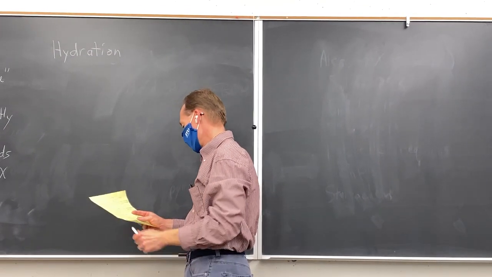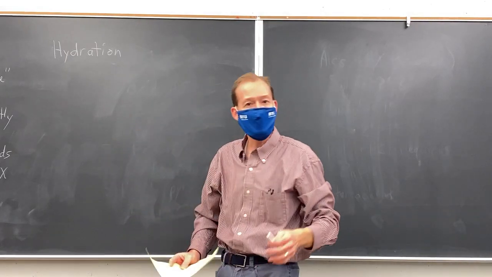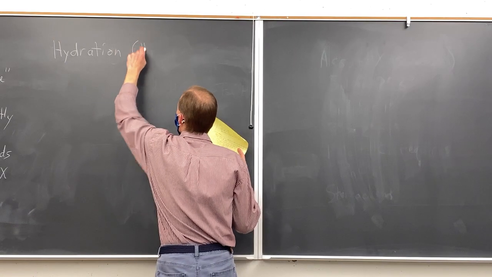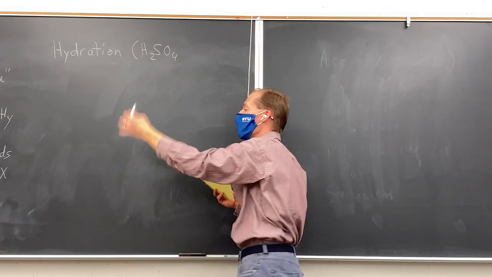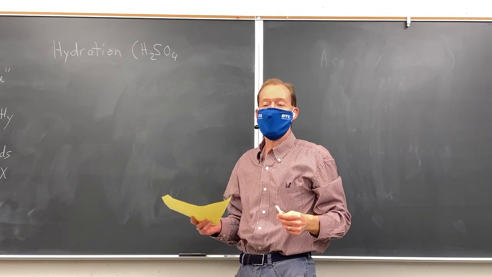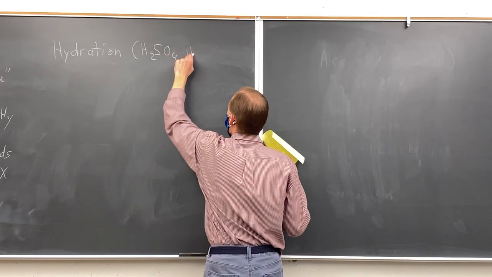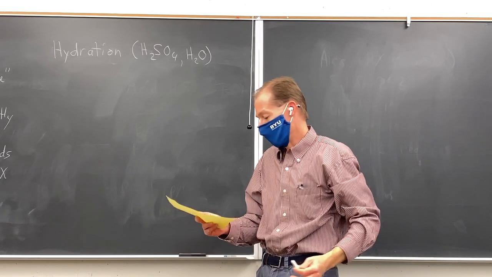So in a hydration reaction, it's going to be a very similar mechanism to a hydrohalogenation, but we use sulfuric acid as opposed to HX. So in this case, the conjugate base of sulfuric acid is not a nucleophile. So the water that we use in this reaction acts as the nucleophile instead.